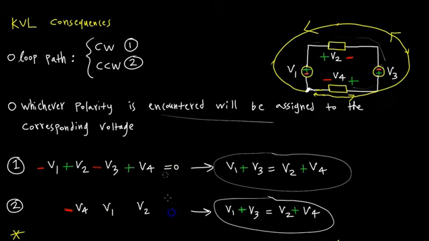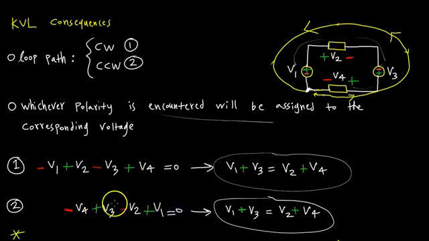Then I go up counterclockwise and I see plus V3. I keep going further and I see a minus V2, and finally I keep going and I see a plus V1. Plus V1, that's equal to 0.